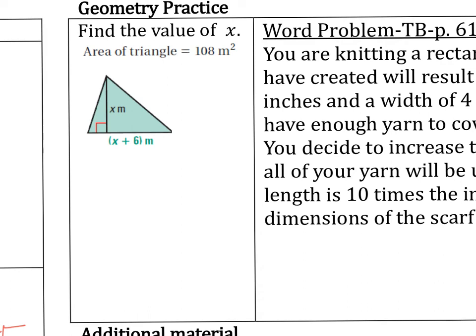Okay, now let's practice a geometry problem. Find the value of x, which is the height. So the area of the triangle is given, 108. So half times the base of x plus 6 times the height of x equals 108. Now we can multiply both sides by 2. Distribute the x. So x squared plus 6x equals 216. And now we can complete the square.